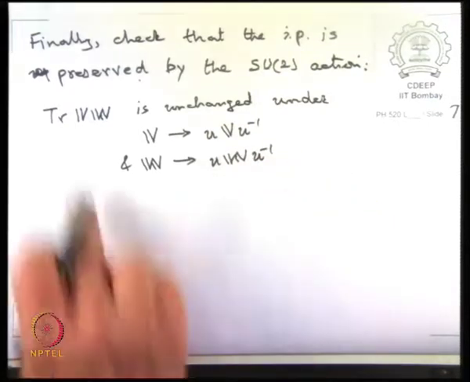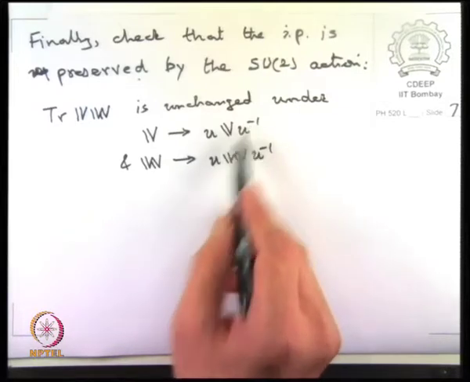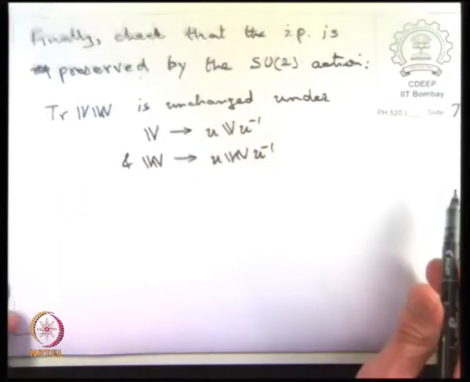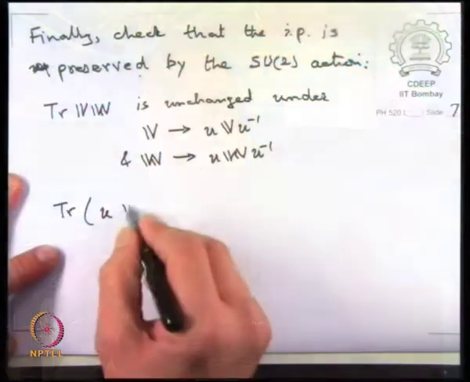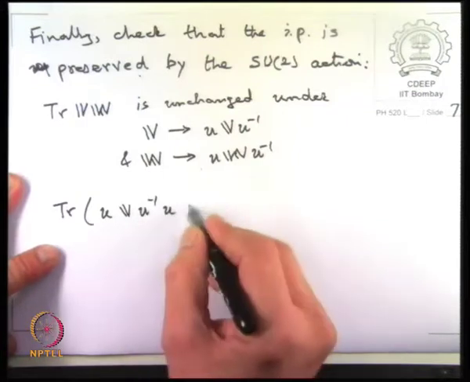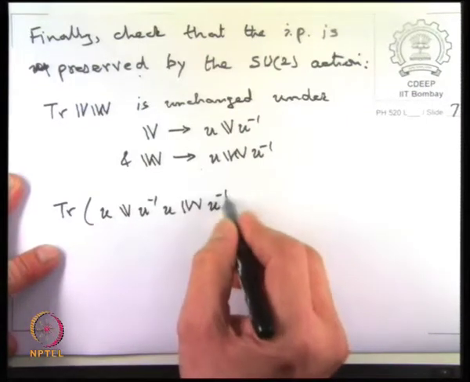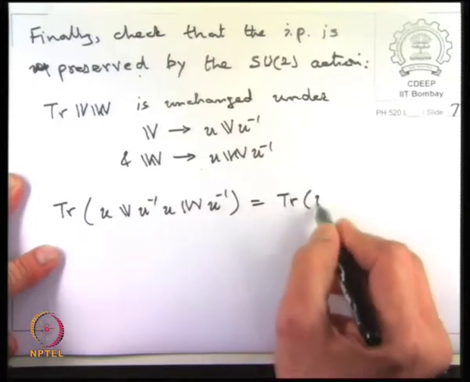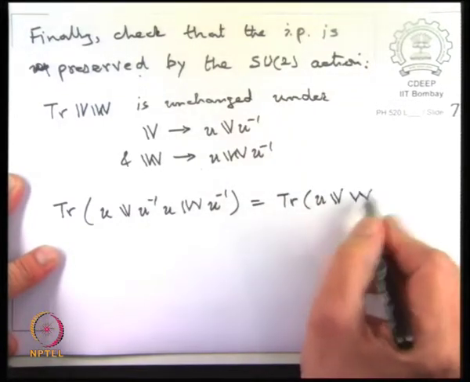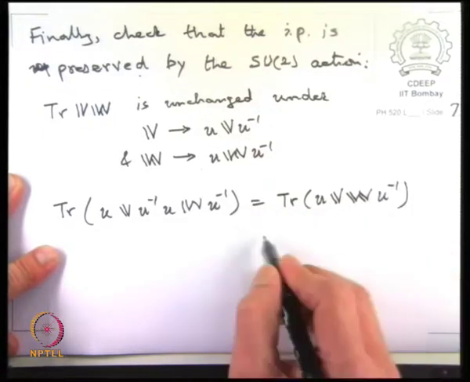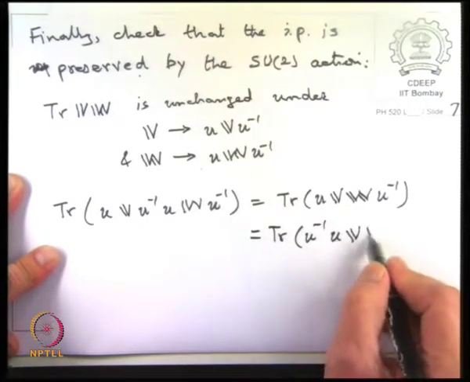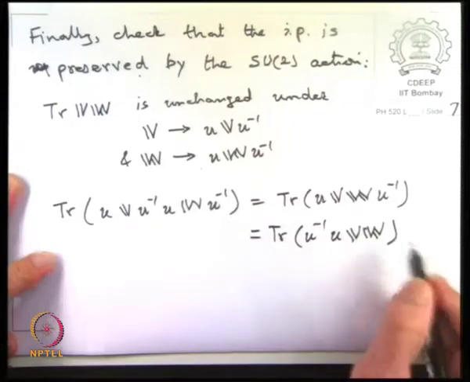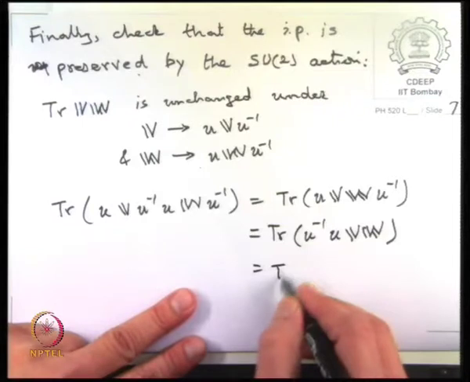Right, because you insert these in the trace, firstly this U inverse U is going to multiply in the middle, and then under trace you can always cyclically change the order of the matrices, so it preserves the inner product.